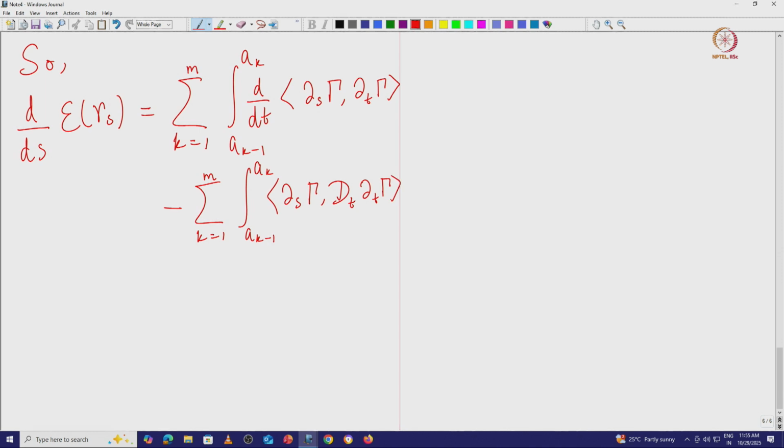Okay, so now let's plug in s equals 0. So at s equals 0 we get the following.